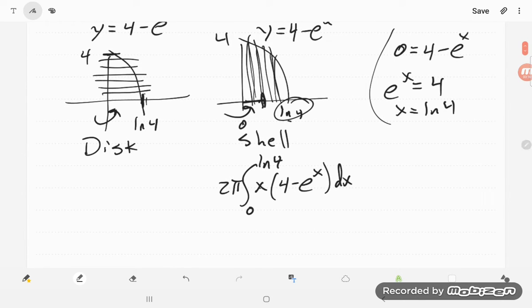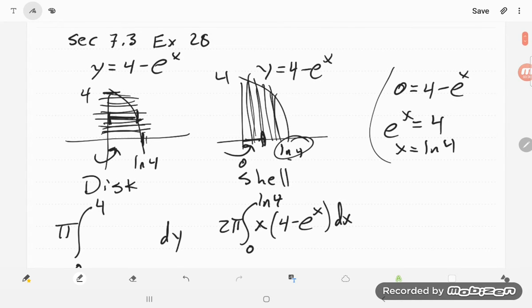Now with the disk, all right, I'm going like this, so I have to split up the y-axis, so 0 to 4, and I'll have a dy there, and it's just going to be pi r squared. Well, in this case, r squared is that distance out to here. It's the x value, which means I need to solve for x. Oh, well, that's a bummer, but hey, here I had to solve for x as well. So, what's the difference?